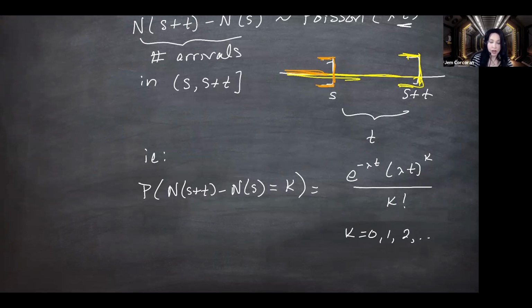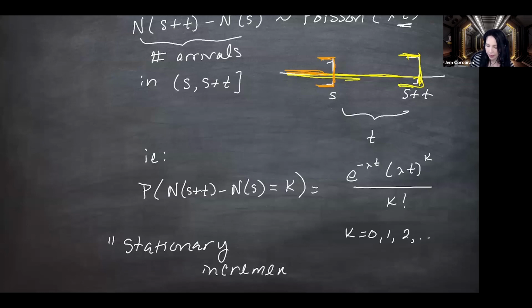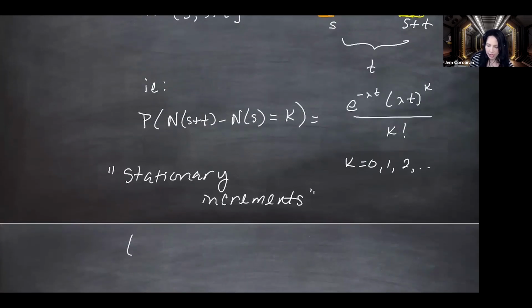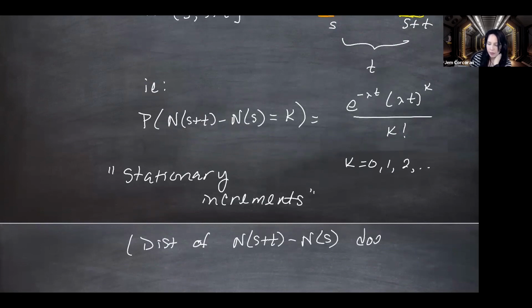So we actually also call this idea a stationary increments property. The Poisson is a little more specific than what I'm about to write, but this is saying the distribution of N(s+t) minus N(s) doesn't depend on what s you started with.